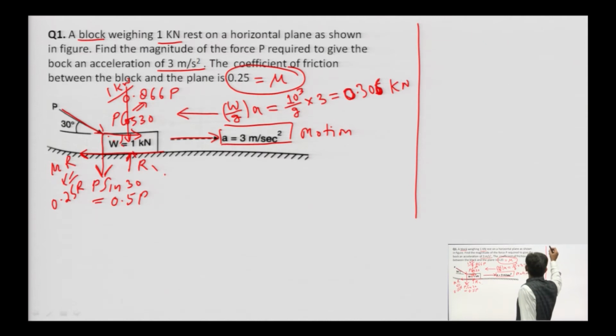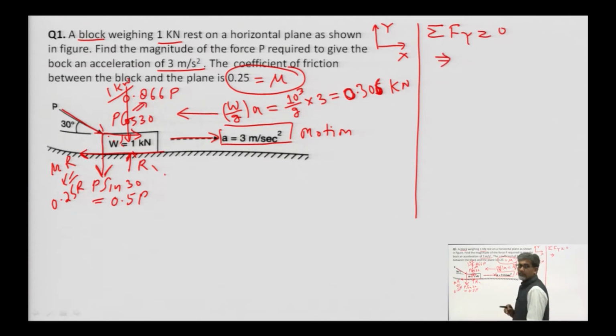By applying sigma F, taking this one as the x axis and this one as the y axis, so by applying sigma F y equals 0, what will we get? We will get the value of R. What will that value be?